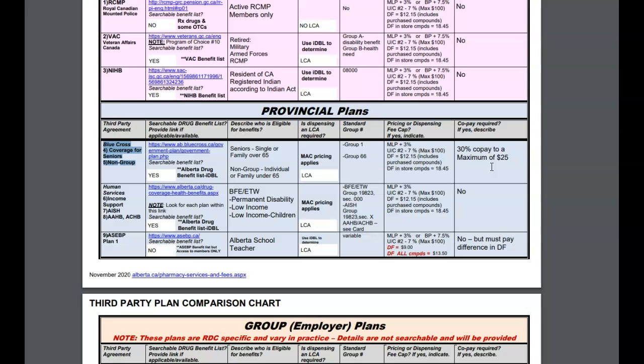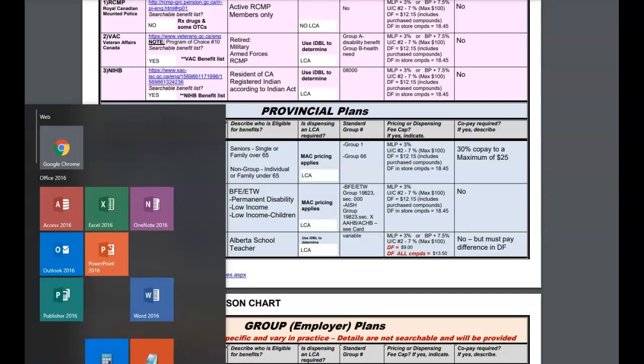So that means if a prescription cost is $200, then 30% of $200. I'm just going to do some quick math here on my own calculator.